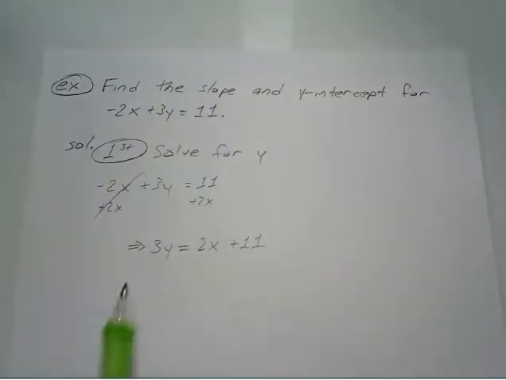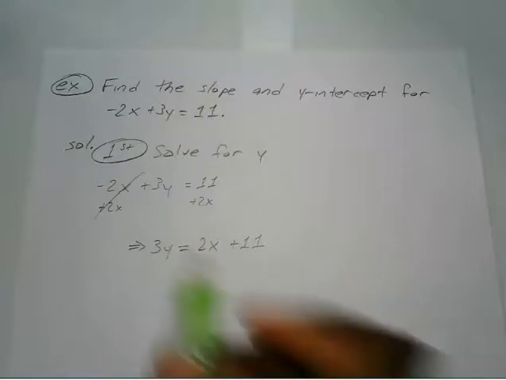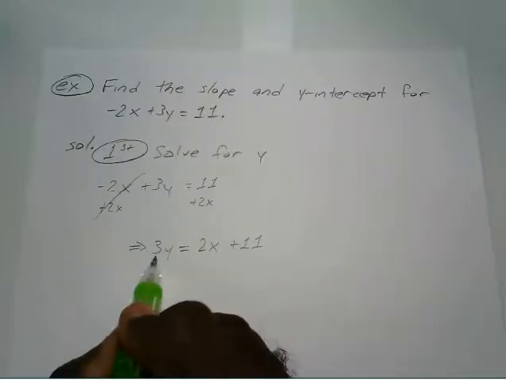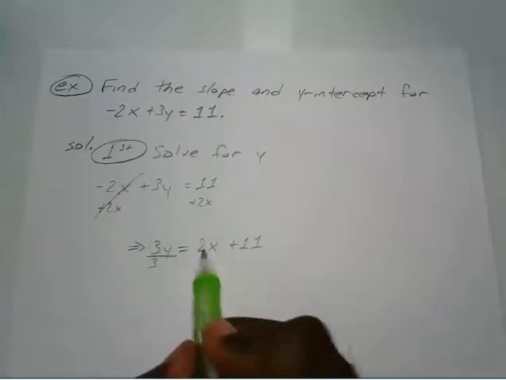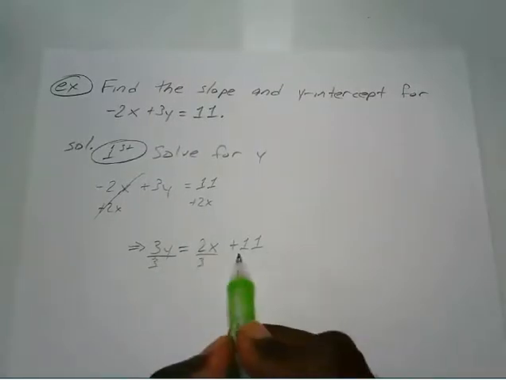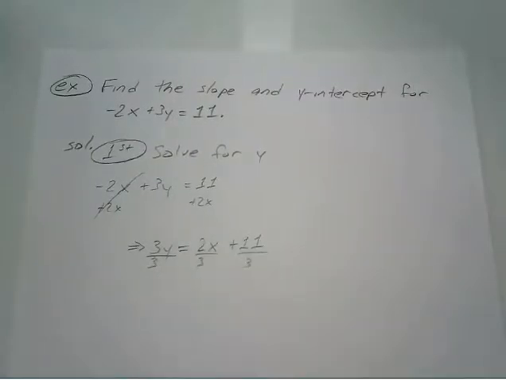Okay, so now we have to get the y by itself, which means we have to divide each term by 3. So we divide this one by 3, we divide this one by 3, and this one by 3. Okay, so whatever you do to the left, you have to do to every term on the right. You can't just divide this one by 3 and this one by 3.